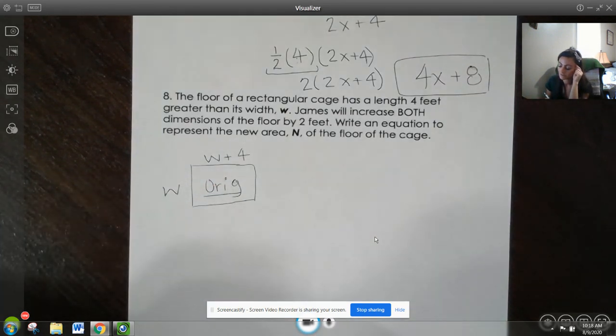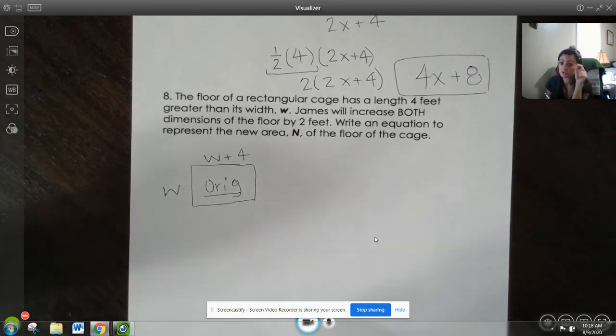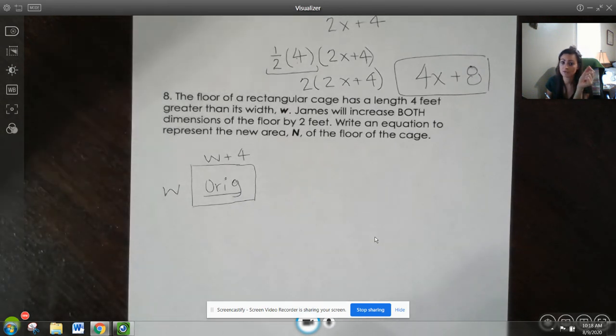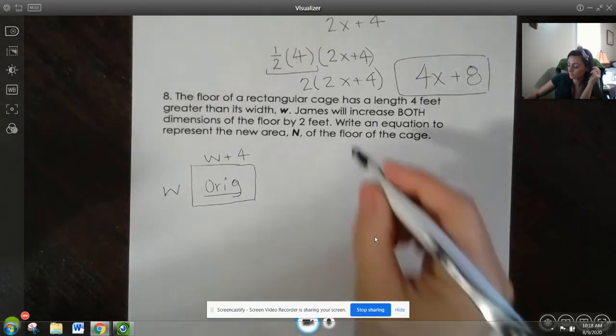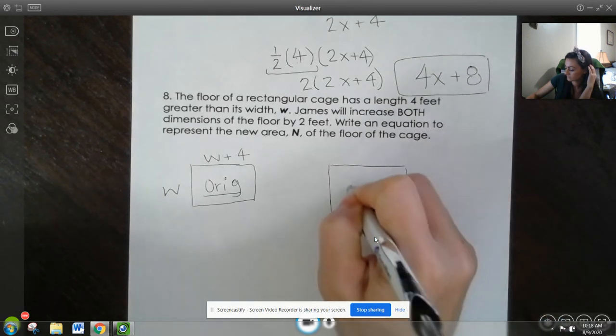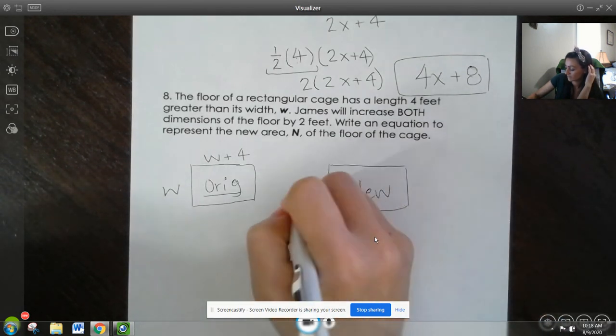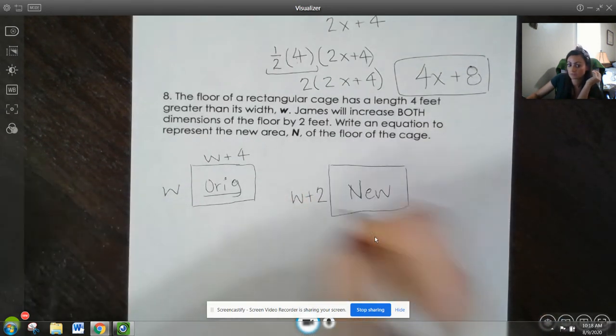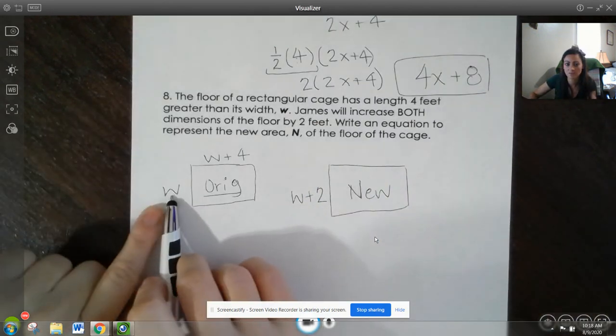Now he's going to increase both dimensions of the floor by 2 feet. So that means the width and the length are both getting bigger by 2 feet. So my new one is W plus 2, because I've increased this by 2.